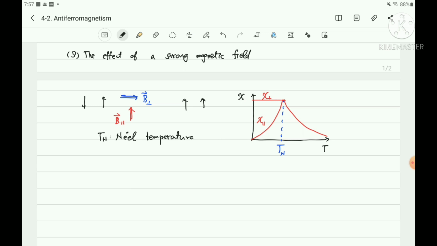And here, the first one is that the magnetic field direction is antiparallel with the magnetization, and for a high magnetic field the spin rotates as an angle theta. In the case the magnetic field is parallel to the magnetization, there is a spin flip transition.